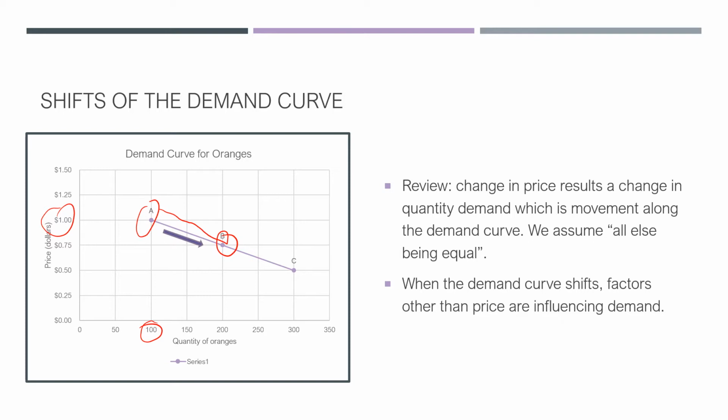But if the price changed, in this case dropped to 75 cents, consumers would now be willing to purchase 200 oranges. As we look at how changes in price cause movements along the demand curve, this is a movement along the demand curve. We assume that all other influences on the purchases of oranges do not change.